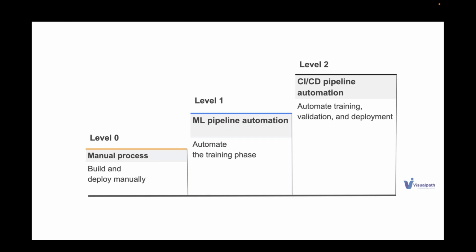For example, in my case, I've seen it take not only a week or two, but 4 to 5 weeks to deploy a single model if you're doing this process manually. So imagine if you have many different models, because today industry doesn't have just one or two models.